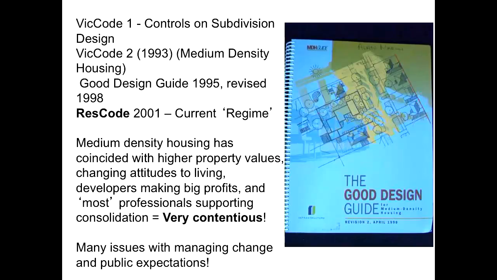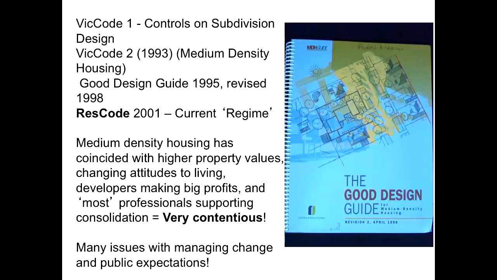So the medium density housing guide was brought in, and the big thing that it did that was different was that it said, when we build at higher densities, a new set of problems emerge, often around urban character and amenity. Amenity for the new housing and amenity for the existing housing.